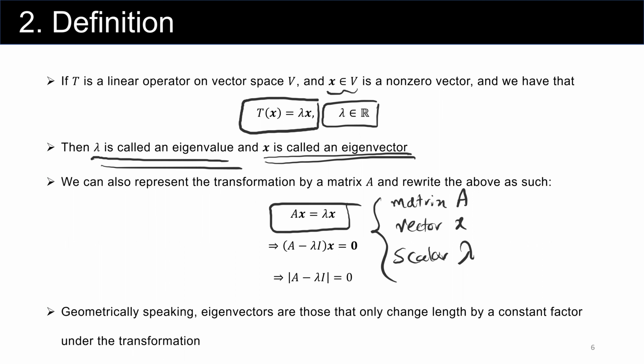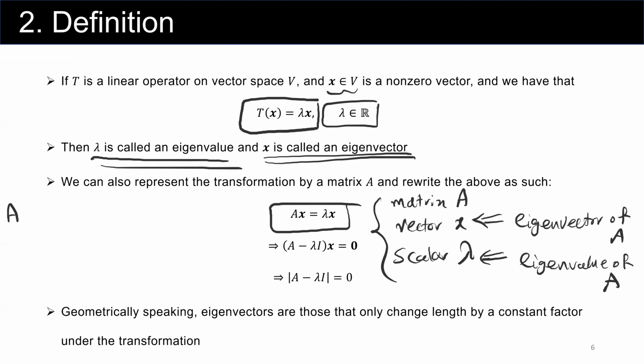Given all this, if A multiplied by x is equal to lambda x, then this vector x is called an eigenvector of A, and lambda is called an eigenvalue of A. So usually we are given matrix A and we are expected to determine what are the eigenvalues and what are the eigenvectors. But the question is, how can we do that?